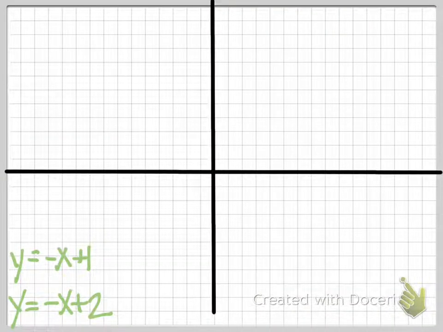Here's our next system, and so if we graph those, I'll graph the first one in yellow. These are in slope-intercept form again, just making it simple for you. So this is your y-intercept. It's 1 for this first equation, so go to 1. And now we're going to go down 1, over 1, down 1, over 1. Oh, I'm going the wrong direction.